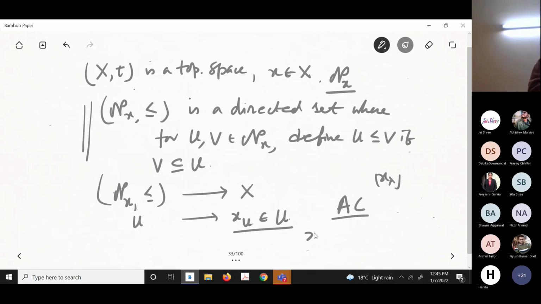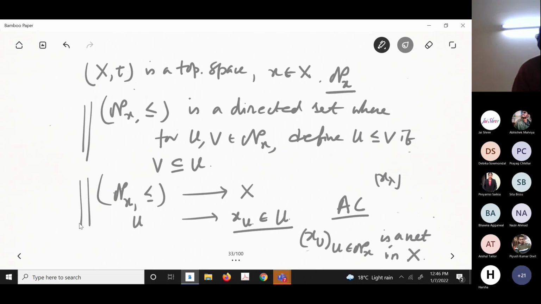So this will be a net in X. Understood? So why I'm explaining this one, we use it often, 99.9% of the time.